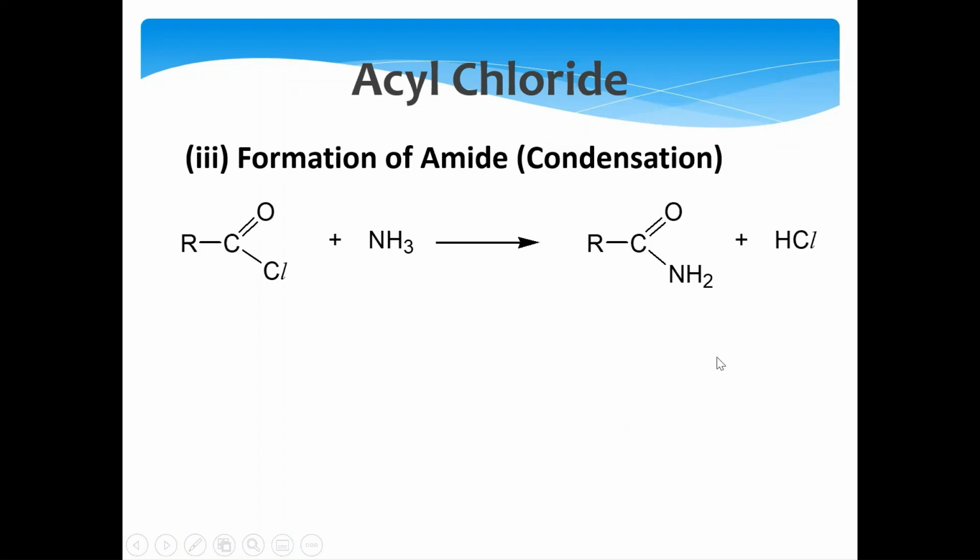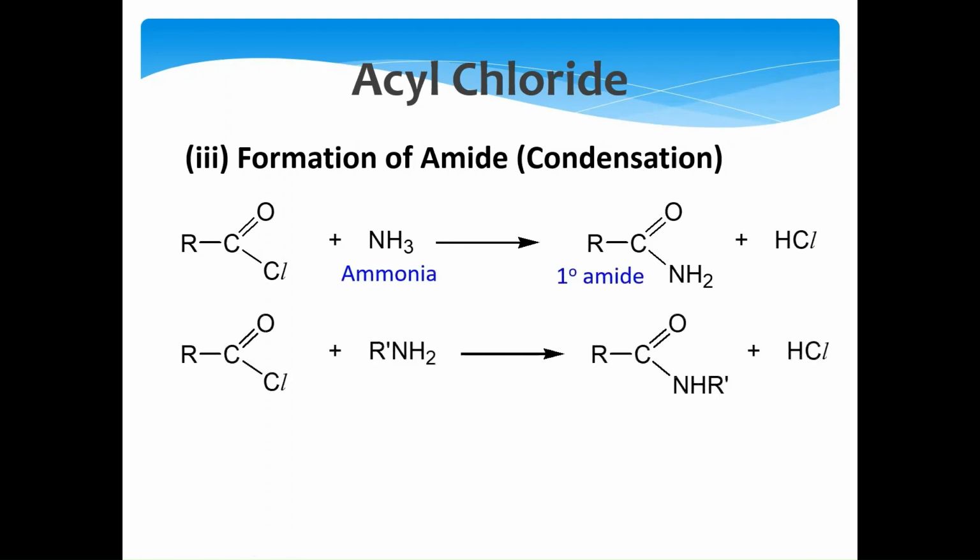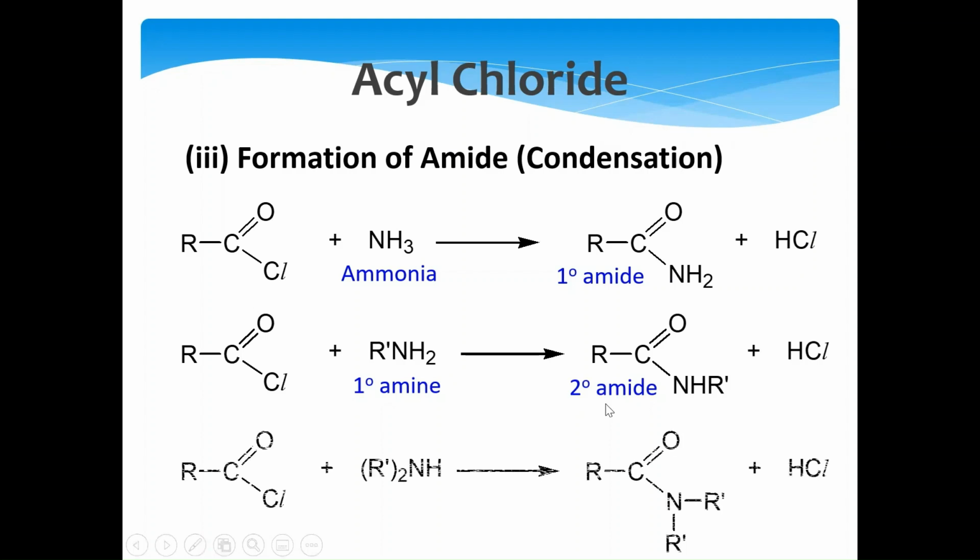If we have acyl chloride reacting with a primary amine, we can get a secondary amide in this case. And if we react the acyl chloride with a secondary amine, you will get a tertiary amide. But not to worry, we'll talk more about amides and amines in the next chapter.